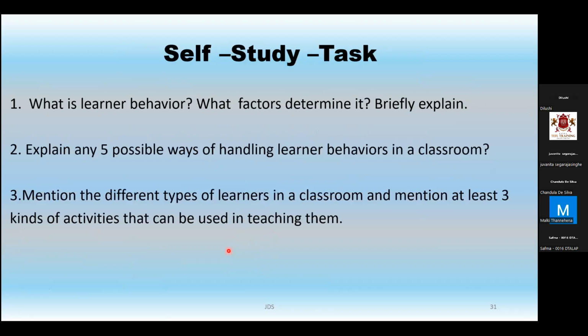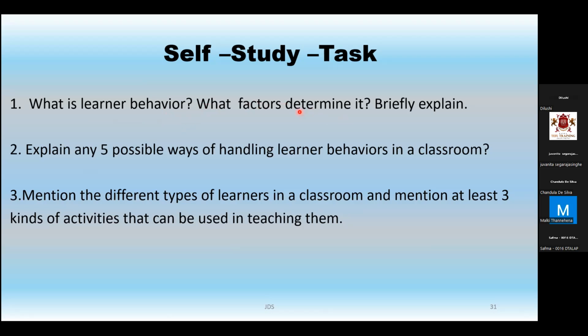Look at your self-study task now. What is learner behavior? You have to write or define behavior in your own words. There is a definition provided in the slide, but don't just copy it, read it up and define it using your own terms.